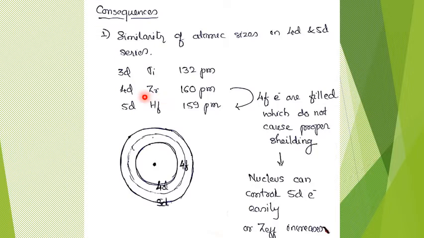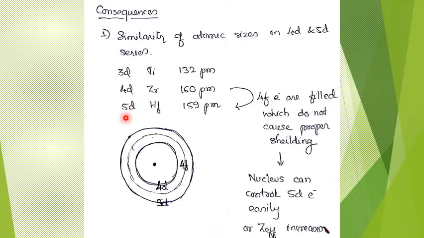Right. See, when we are moving from 4d to 5d, after 4d and when we are entering 5d, we fill so many electrons in between. Say we are moving from zirconium to hafnium, from 4d to 5d.